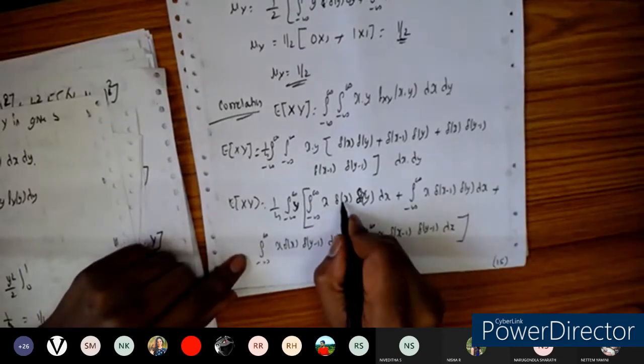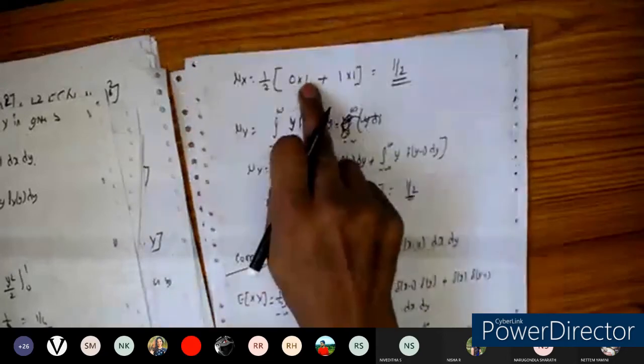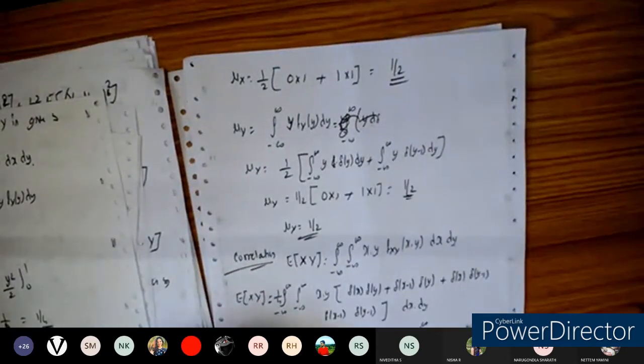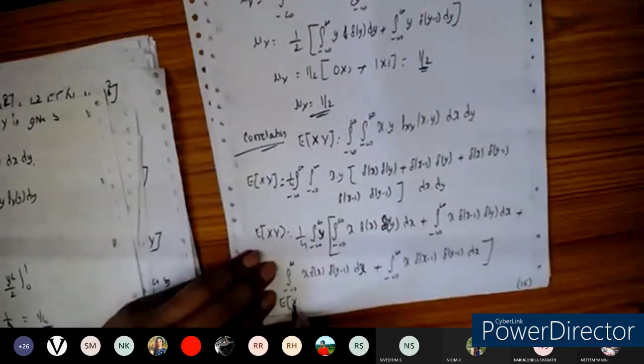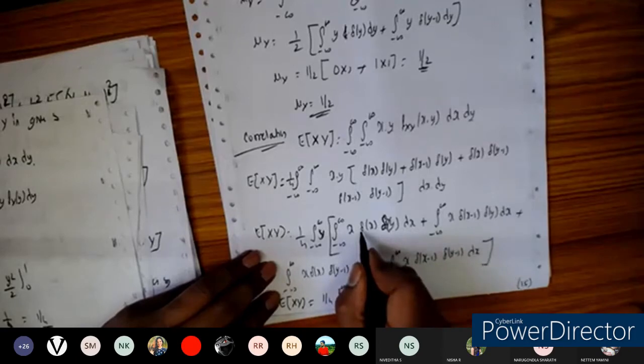You know the integration of x into delta of x into dx; we have already done this in the previous cases. So it is 0 into 1, and this will become 0.